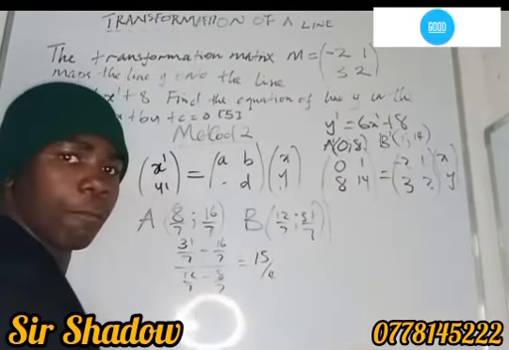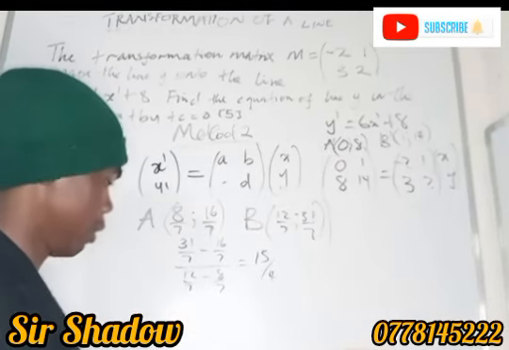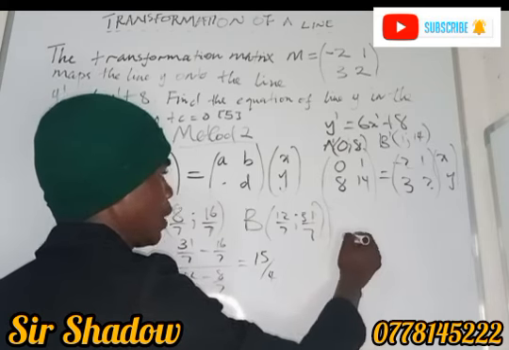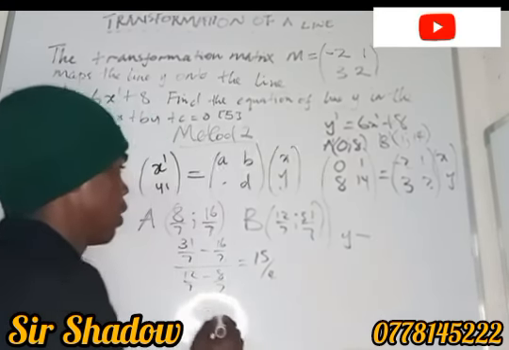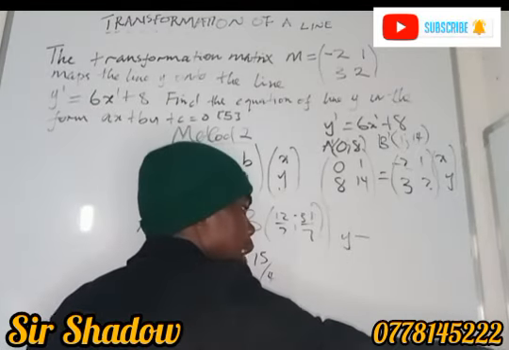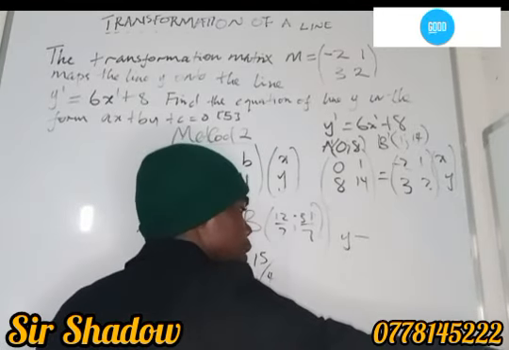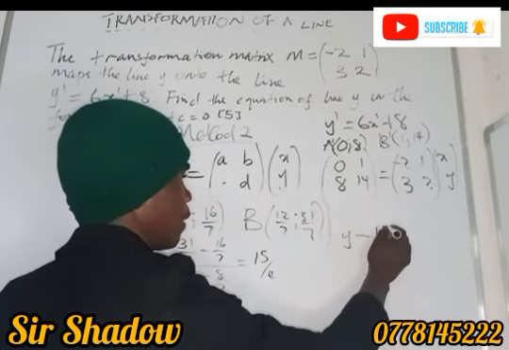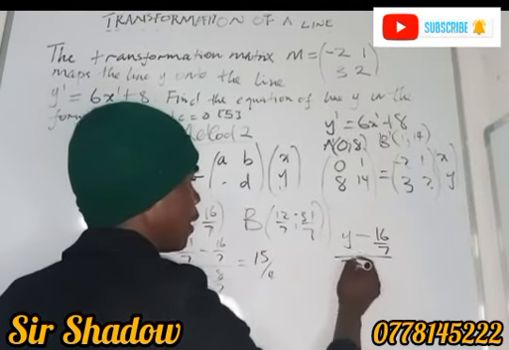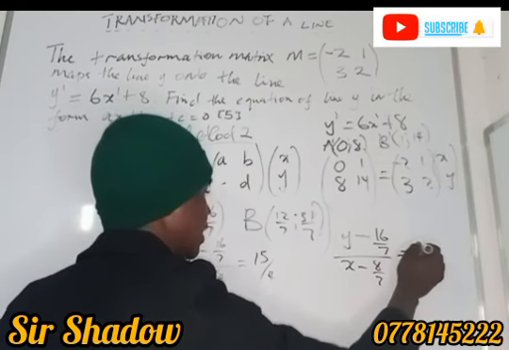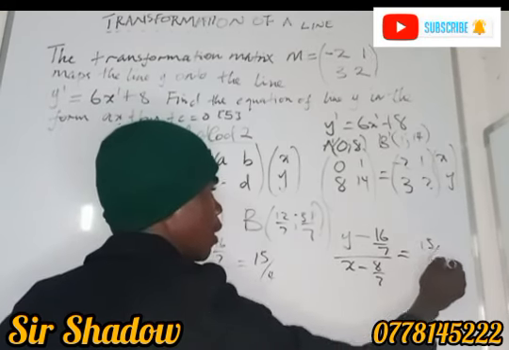So finding the equation, here we have y subtracting the y coordinate. What's the y coordinate? Our y coordinate from the A coordinates is 16 over 7, over x subtracting 8 over 7, is equal to the gradient. Our gradient is now 15 over 4.